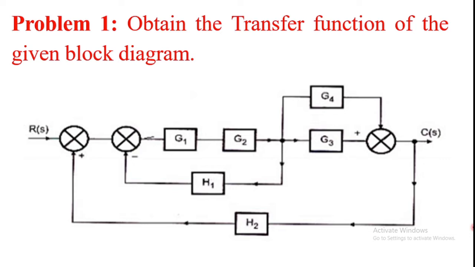So repeat step 1 to step 4 till a simple form is obtained, and finally calculate the transfer function of the overall given block diagram. These are the procedure steps we can use to determine the transfer function using the block diagram reduction rules.